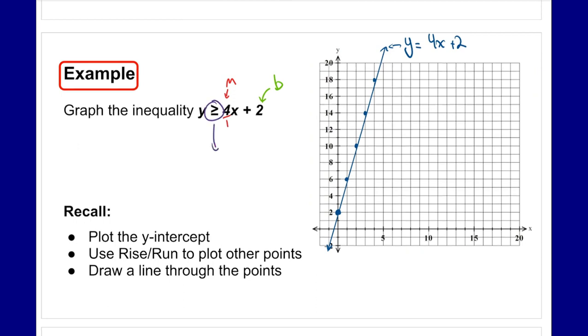Well, this symbol means that y is greater than or equal to 4x plus 2. So if everything along here is 4x plus 2, then greater than or equal to is going to be everything above the line. So I'm just going to shade in everything above the line because it's representing every possible value that would be greater than or equal to.